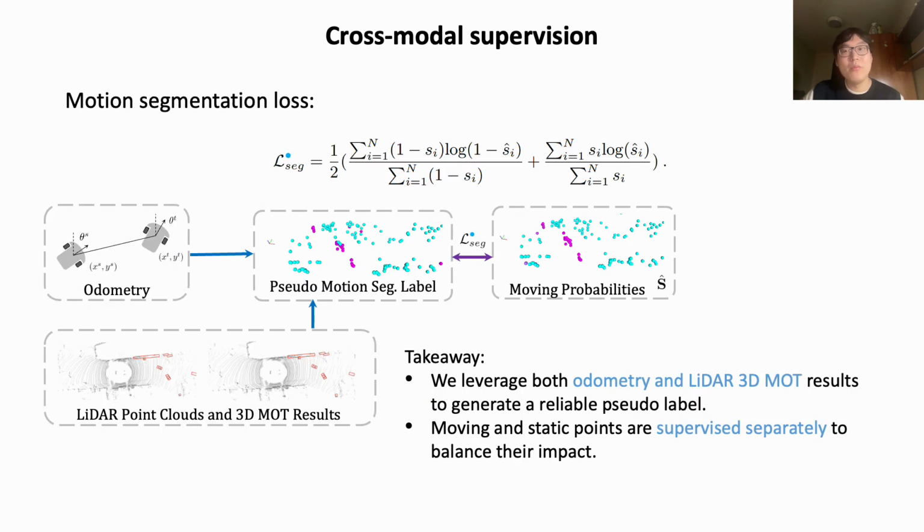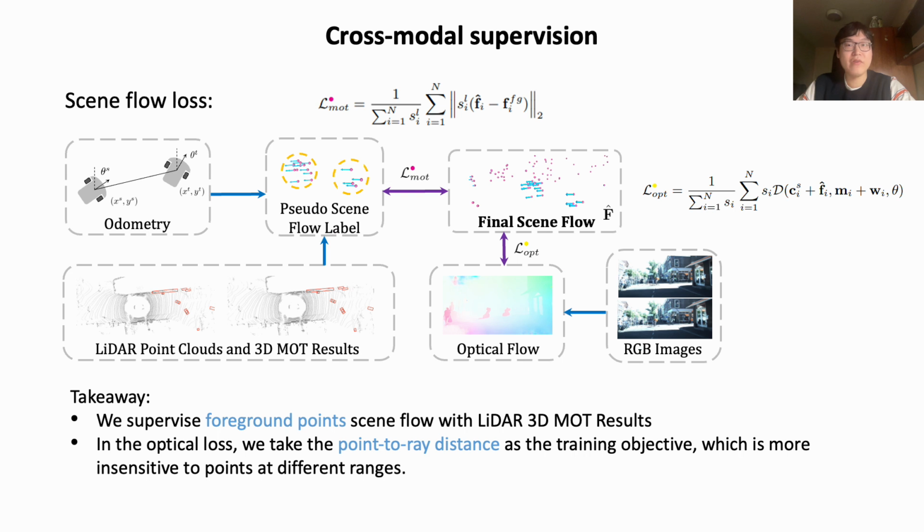To supervise our motion segmentation results, we leverage both odometry and LiDAR 3D MOT results to generate a reliable pseudo label, and we supervise the moving and static points separately to balance their impact. To constrain the scene flow vectors of moving points, we generate pseudo scene flow labels with the help of LiDAR and odometry. We also use the pseudo optic flow labels from RGB images to supervise our scene flow in the perspective view.